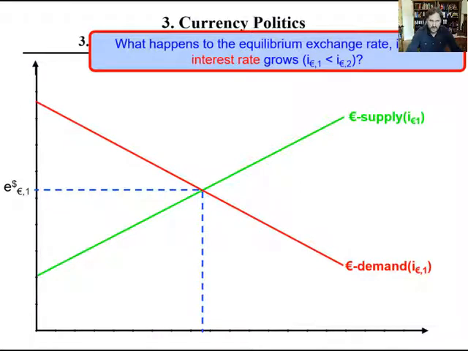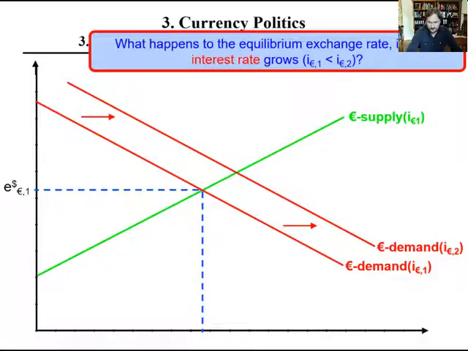Consequently, the demand curve for euro shifts upward or to the right. Since fewer Europeans want to invest money in the USA, because US interest rates are now less attractive than the higher European interest rates, Europeans demand fewer dollars and hence supply fewer dollars to the foreign exchange market. Consequently, the euro supply curve shifts to the left.